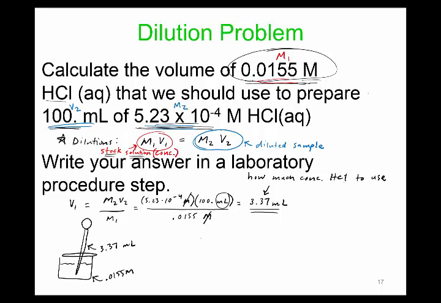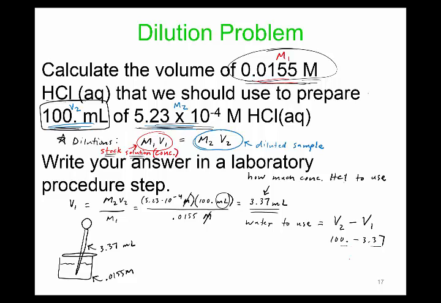Okay, next, how much water do we need? Our total final volume is 100. So water to use is always V2 minus V1. That's how much water to use. So which would be 100 minus 3.37. I'm subtracting here, so I need to apply the add subtract decimal point rule. This has no decimal points. This has two.